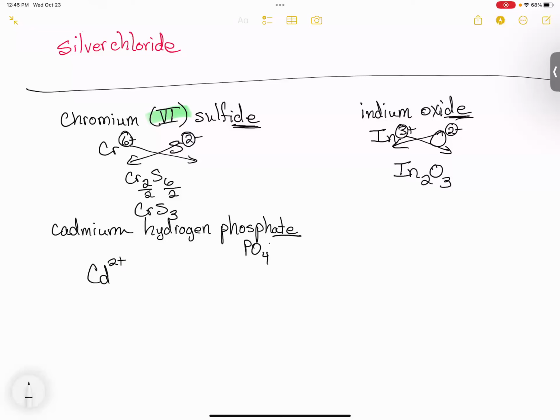And because it's in period 3 through 7, it's a 3-, because it has the same charge as its element. But I added the word hydrogen here, and hydrogen carries a +1. So if I have hydrogen phosphate, it's actually HPO4, and then you add the charges, so it's 2-. So cadmium hydrogen phosphate is simply CdHPO4.